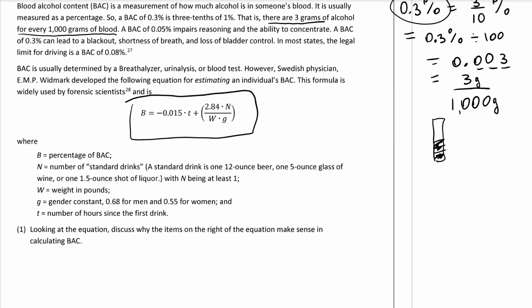Which of the following has more alcohol in it: 12 ounces of beer, a 5-ounce glass of wine, or a 1.5-ounce shot of liquor? Go ahead and answer.